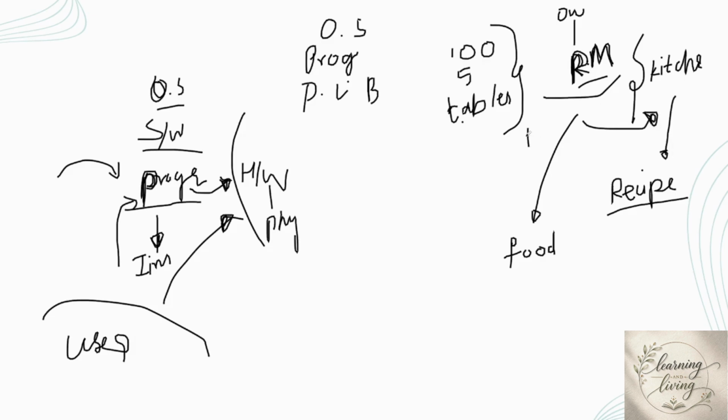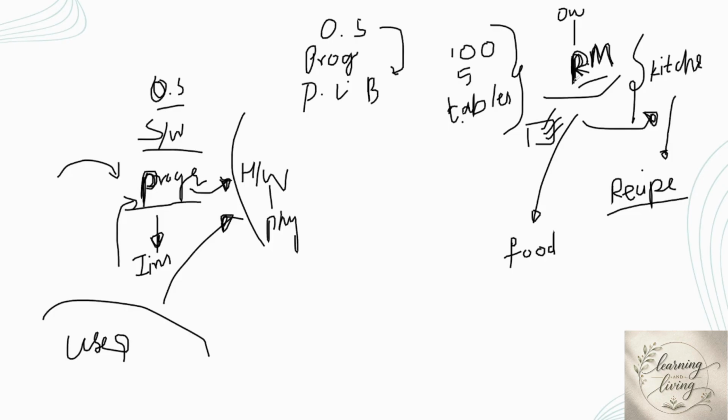A notebook, so that he can note down what all the required food items, the customer name, and the other details are. Similarly, a process control block is like a notebook which the operating system maintains to store the process ID, CPU registers, the estimated time, and everything. This is called a process control block.